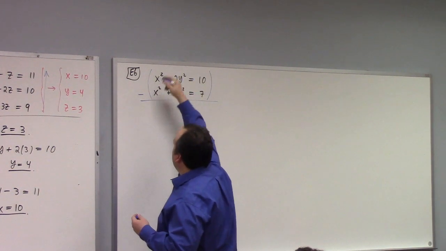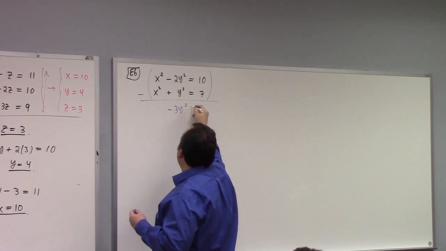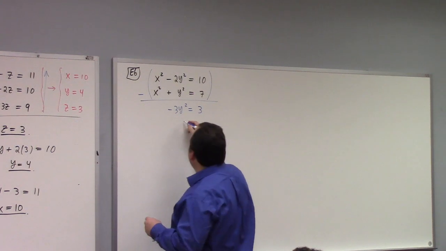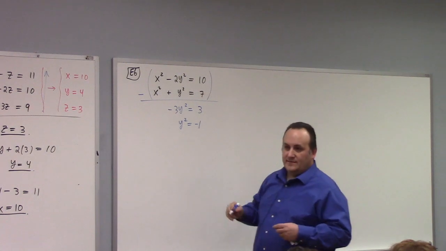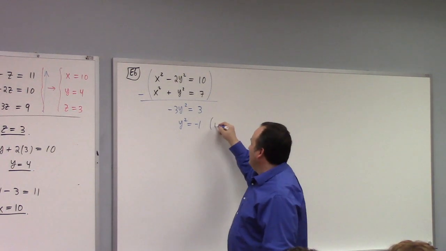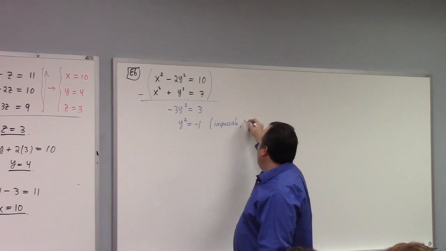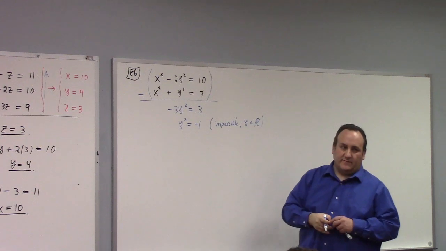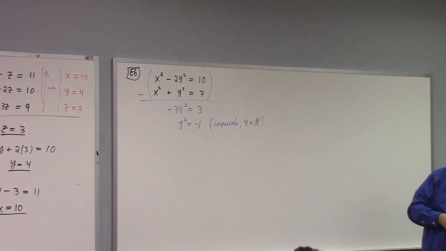When I do that, it eliminates x squared, and we're left with minus 3y squared is equal to 3. Yay! So y squared is equal to minus 1, which is, of course, impossible if y is a real number, right? We can't have a square of a real number be a negative number. So unless you want me to give up on keeping it real, there's no solutions here, right?